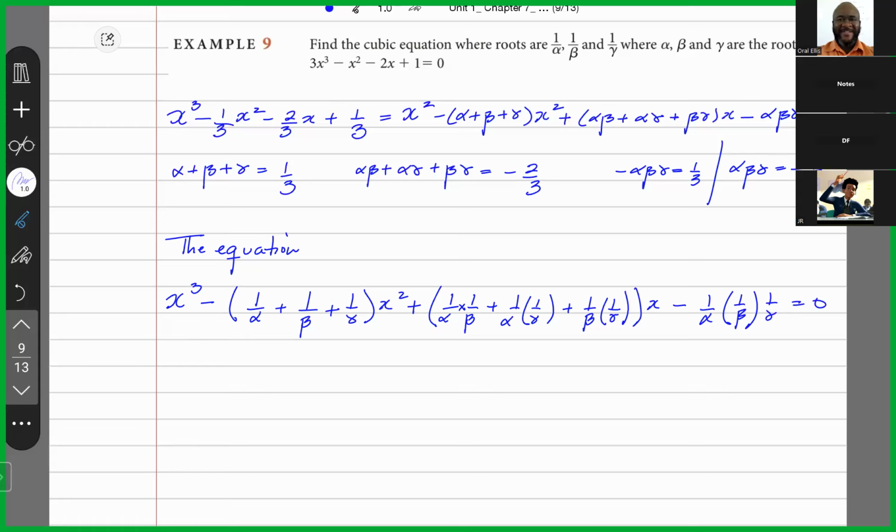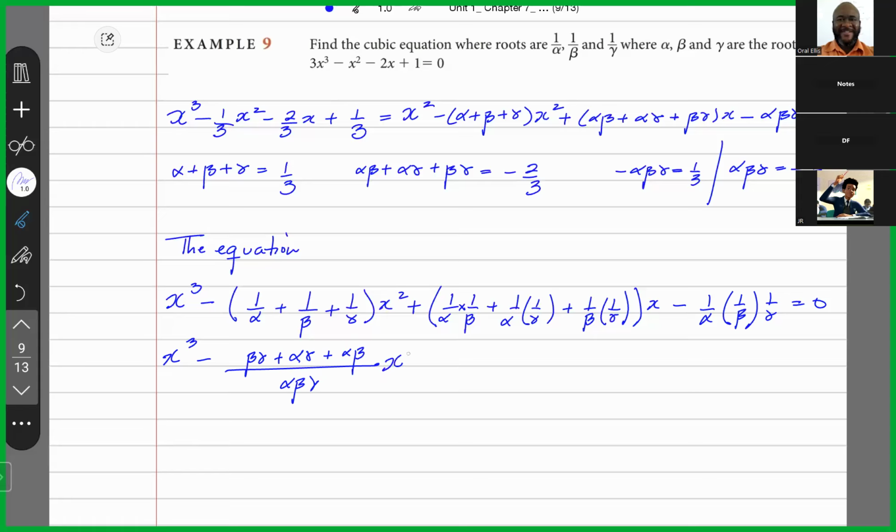So let's simplify. This is x cubed minus, let's make this into one fraction, alpha beta gamma. Alpha into alpha beta gamma is beta gamma. Beta into alpha beta gamma is alpha gamma. And gamma into alpha beta gamma is alpha beta.